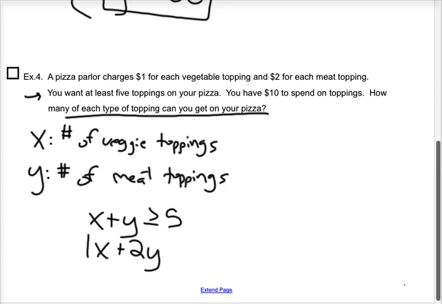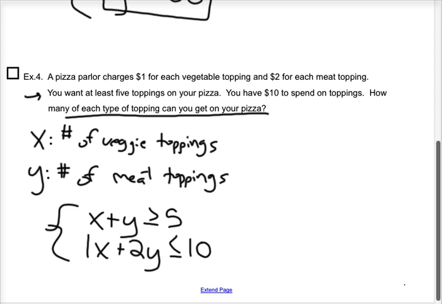And by telling us we have $10 to spend, what that's communicating to us is whatever we're spending has to be less than or equal to that 10. All right? We can't spend more than what we've got. So when they give us that amount, that's telling us that we can only spend up to that $10. So again, this is our system that we would have to solve now.